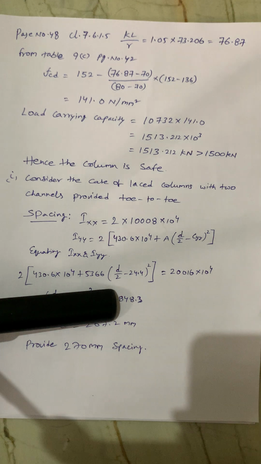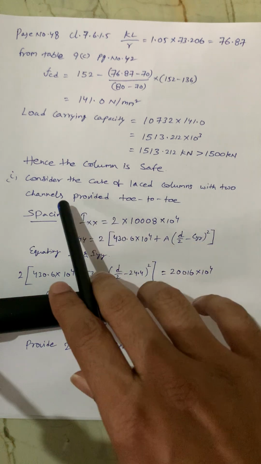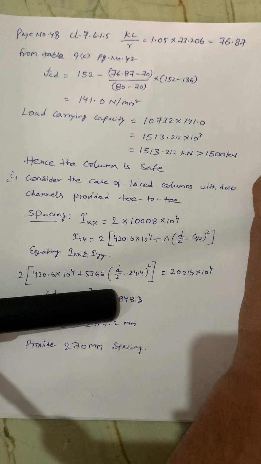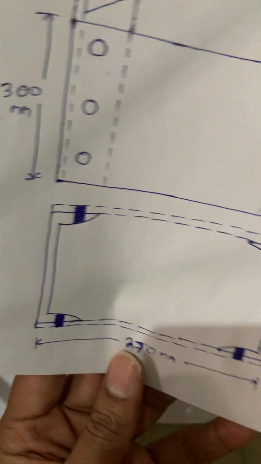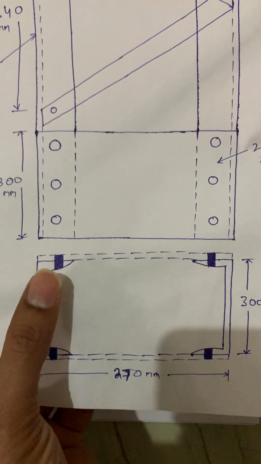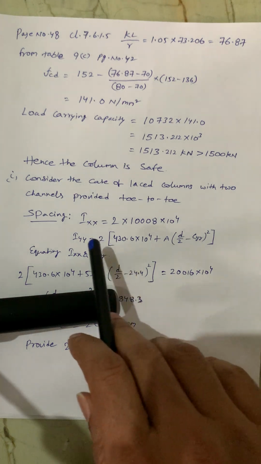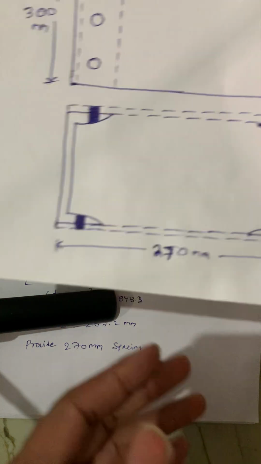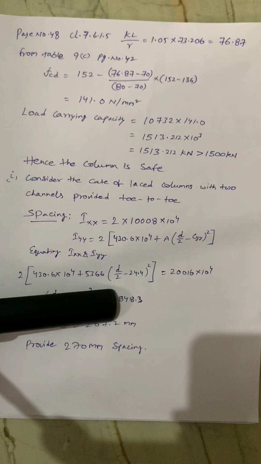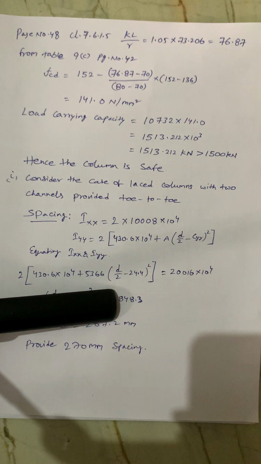Now we have to consider the case of the laced columns with two channels provided toe to toe. I already showed the diagram. This is the column, toe to toe. Here first we have to calculate the spacing from here to here, how much spacing we have to provide.